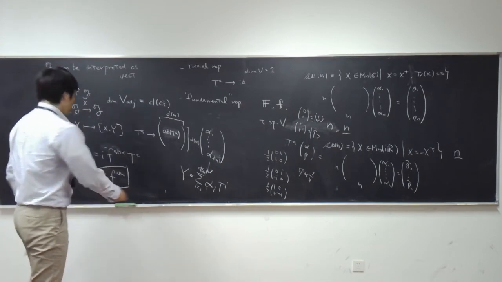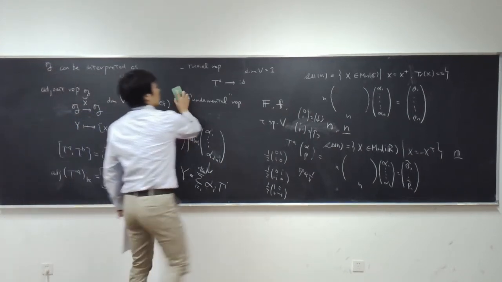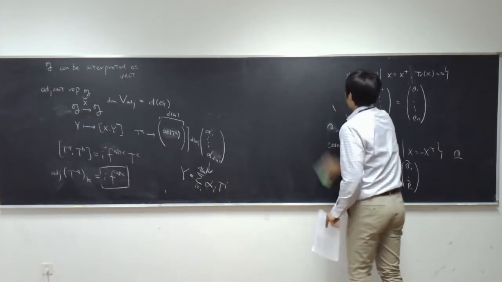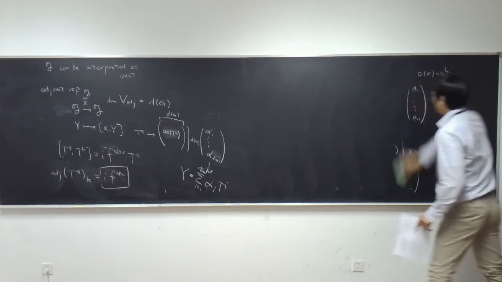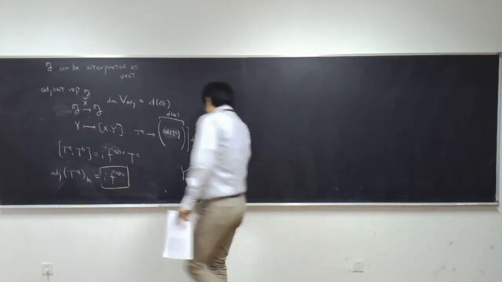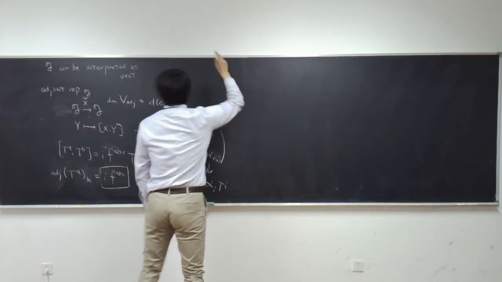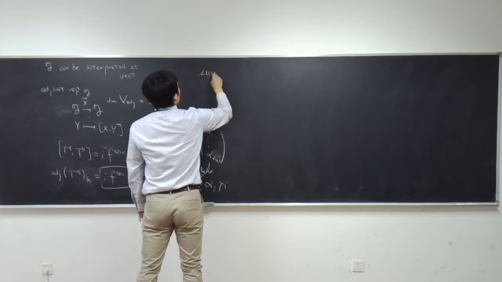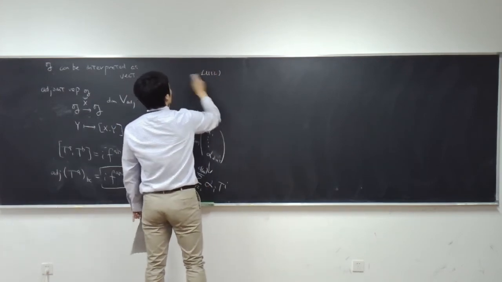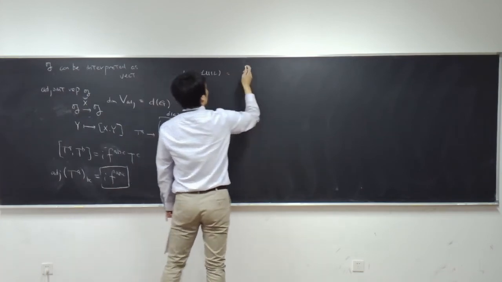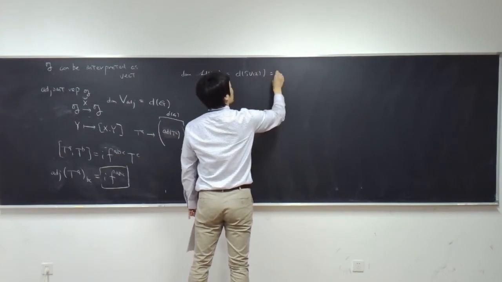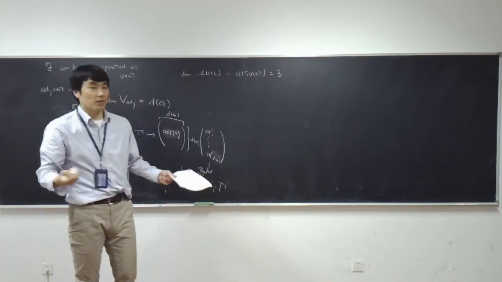In the case of SU(2), as you can easily imagine, this is a good exercise to do. The dimension of SU(2) as a vector space is 3, as I mentioned, 2 squared minus 1.